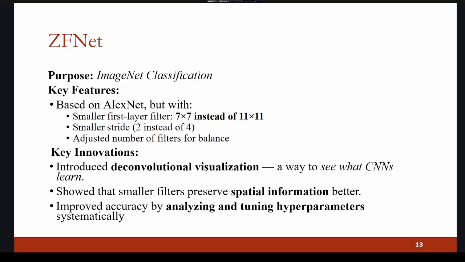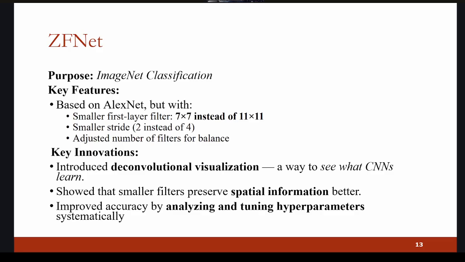The key innovation in this architecture is that they are able to visualize what the convolution layers have learned. What are the basic features the layers were able to learn? When they applied small filters, 7 cross 7 instead of 11 cross 11, they were able to preserve the basic features very well when compared to the previous architecture, AlexNet.